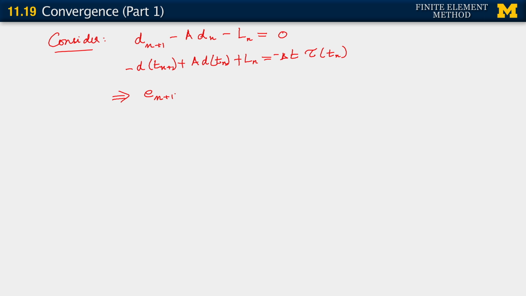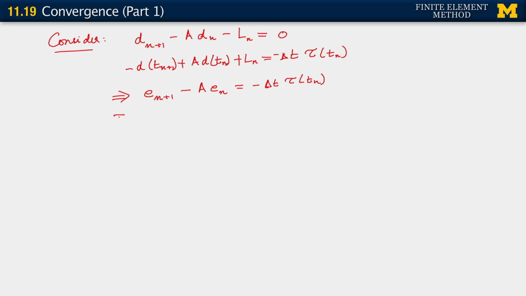It is the error in the corresponding modal coefficient, right? And here I get minus A E at n. The l^n's cancel out and I'm left with minus delta t tau at t^n.